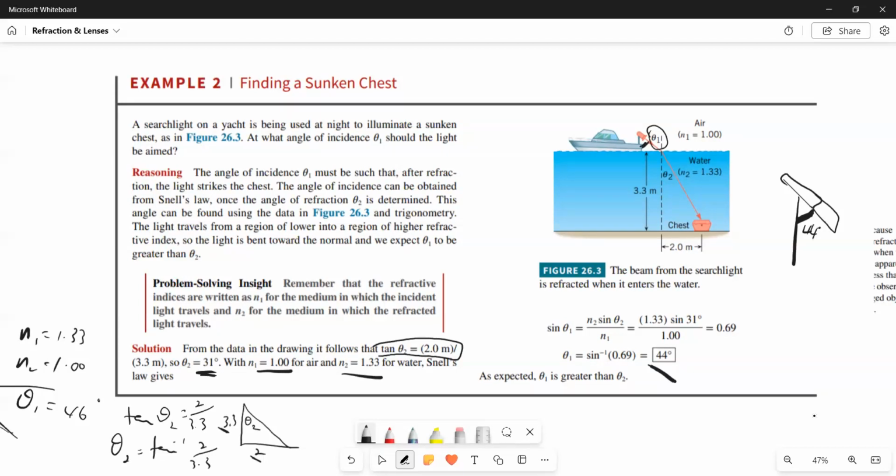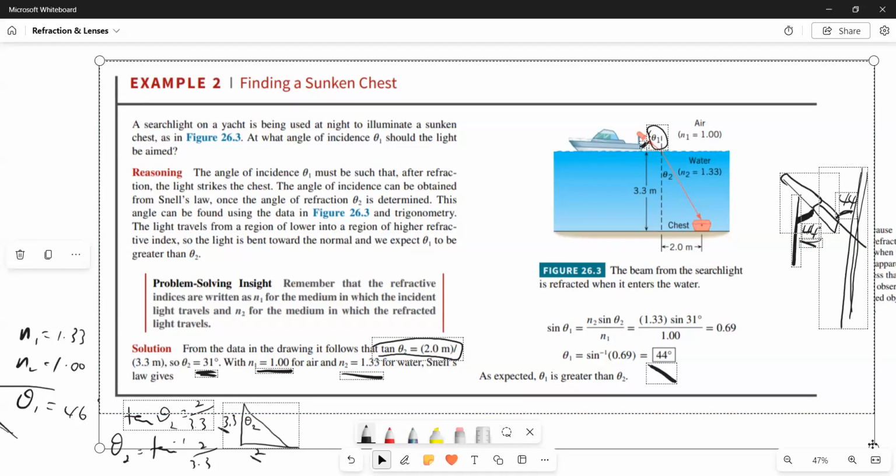If you were to project this out, the normal is supposed to be a vertical line. If this angle is 44 degrees, then that angle is 44 using the Z angle, right? Do you follow this example? Yes, sir. A little bit of trigonometry that you should have picked up from CXC and so on.